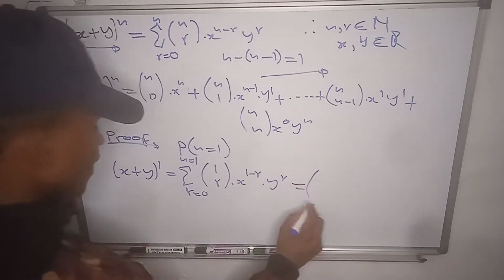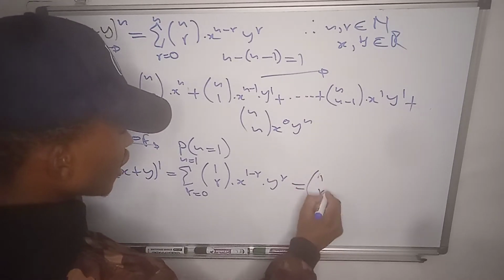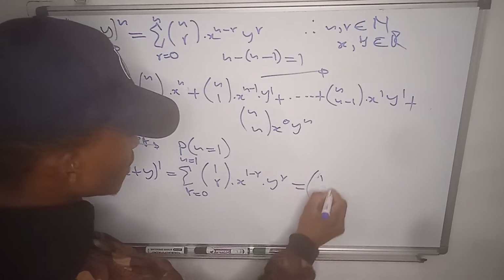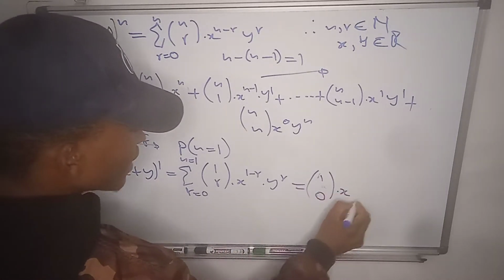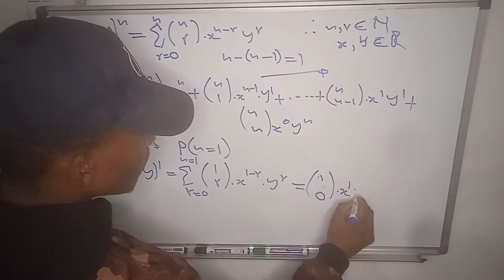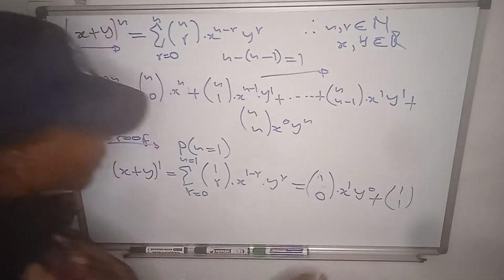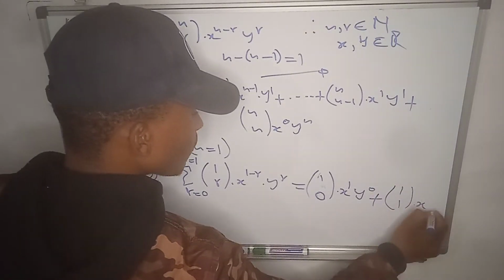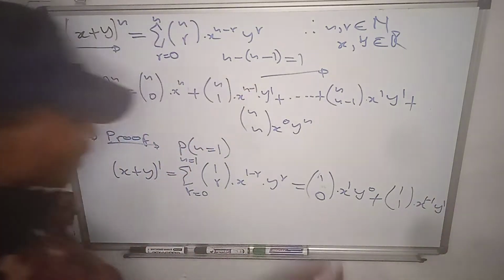This can be written as 1 combination 0 multiplied by x^(1−0), which is just x, and y^0, plus 1 combination 1 times x^(1−1) and y to the power 1.